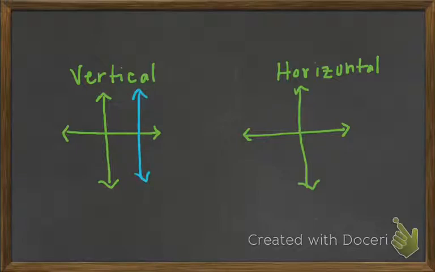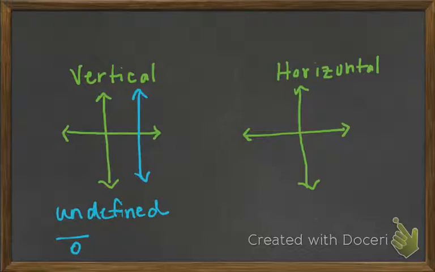The change in this case is classified as undefined because the changes in y over the changes in x give us something over 0. We can't divide by 0.